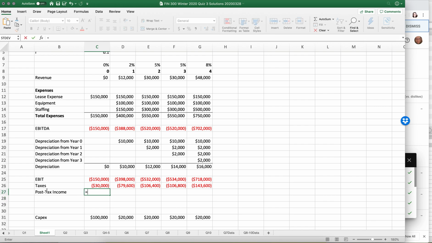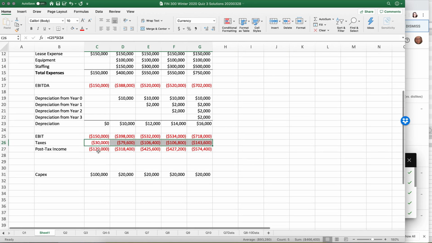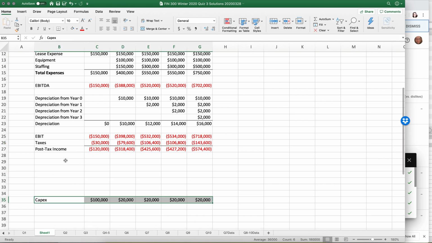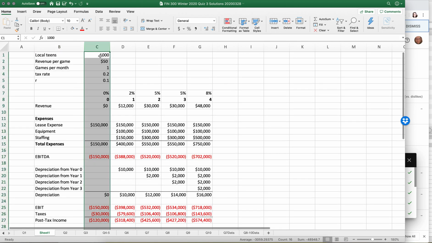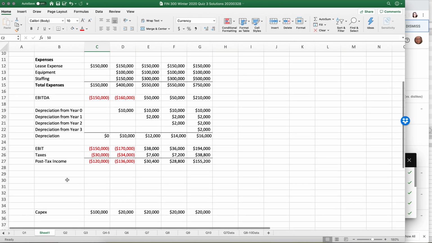All right, so post-tax, we are going to get, now these numbers are all red. There would be a slightly different accounting rule, like your accountant would have all this stuff figured out. But for our purposes, and also we only chose 1,000 teens here. In the real world, there are going to be more than that. So let's pretend there are 20,000.